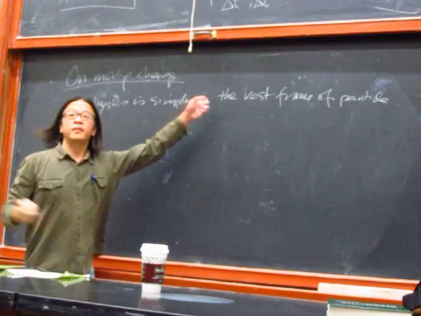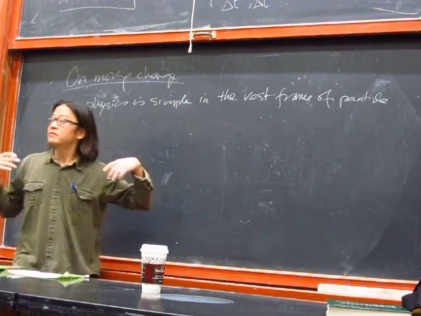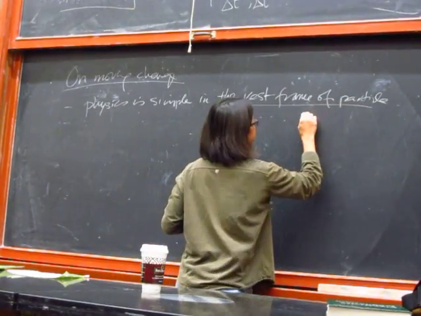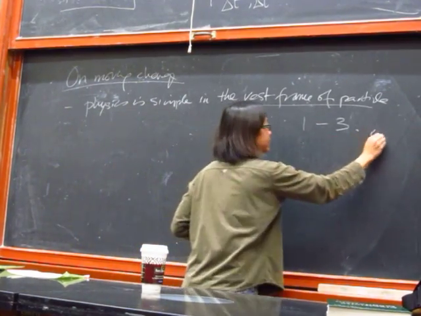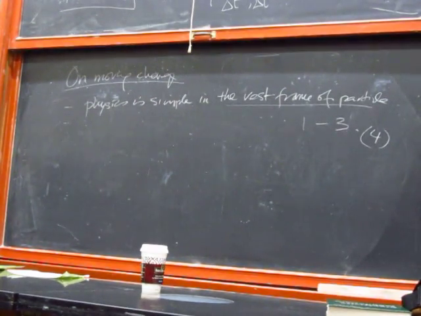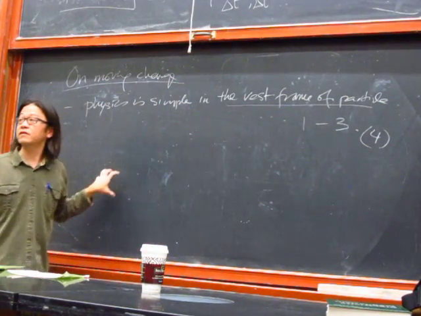We spent the past 4 or 5 weeks talking about static configurations, so we know all about it. This is just chapter 1, chapter 3 of the text, maybe 4, that involves current. So if you want to find forces in the moving frame, all you need to do is calculate everything in the rest frame, and then do all the transformation in the lab frame.